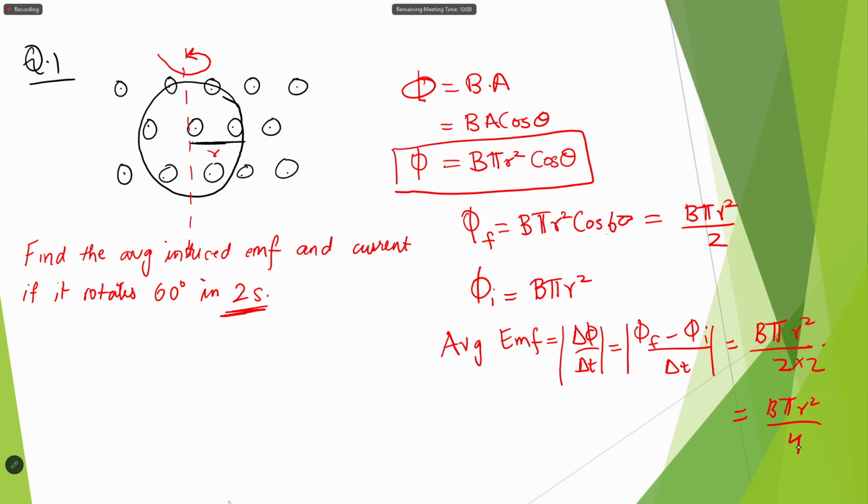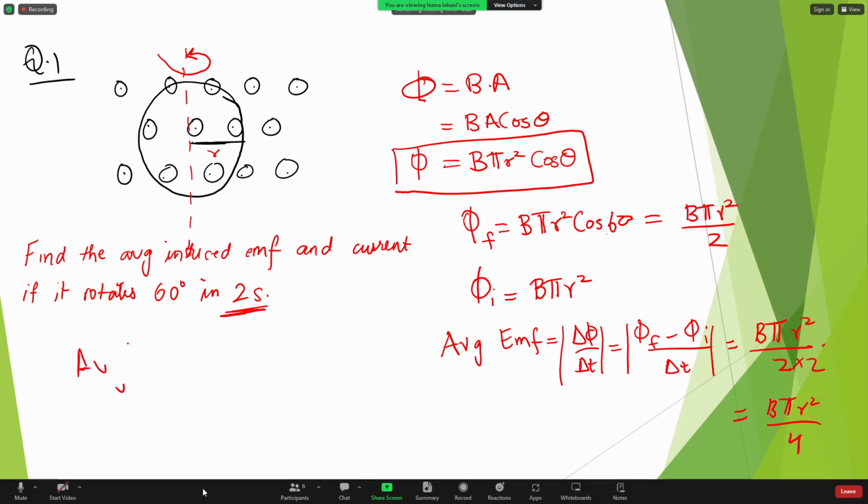EMF times 1 over R. Yeah, we divide by the resistance. That's it. You take this value and divide it by the resistance. Nothing else. Nothing difficult there. Okay, so, average current.